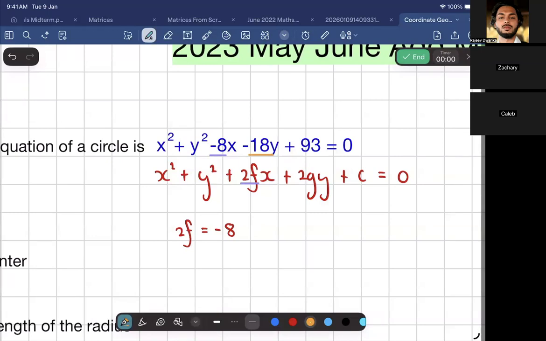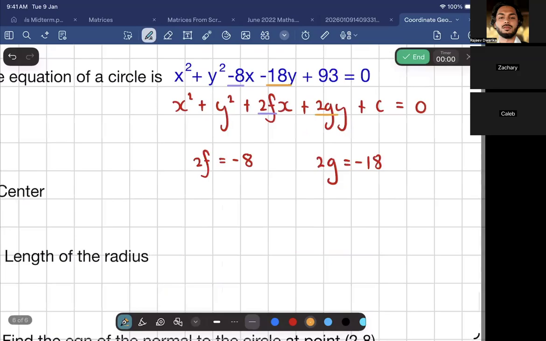Okay, how did you figure that out? You figure that out by comparing that to what? Right now we are comparing coefficients, because the -18 in front of the y and the 2g in front of the y. Exactly. So we could say 2g is equal to -18. Nice. So we want to find f and g.